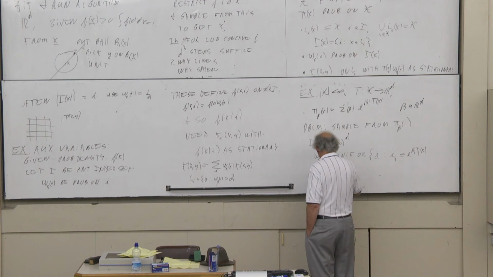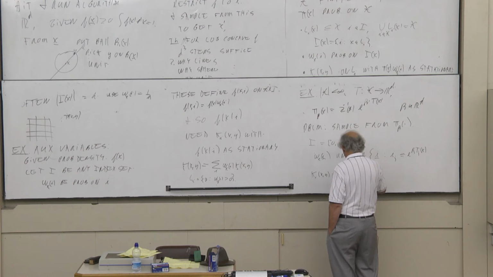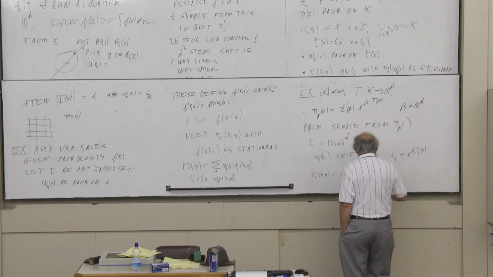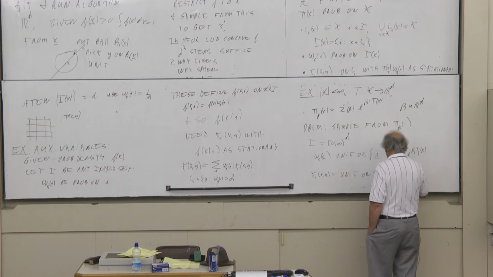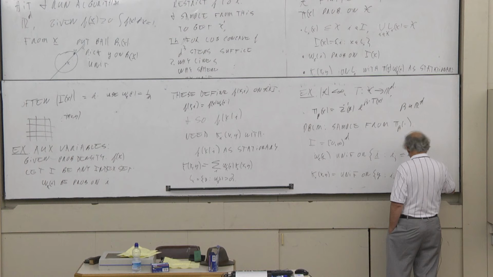Well, let the distribution on y given x be equal to the uniform probability on the set of all y such that I sub j is less than or equal to e to the beta j t j of x.